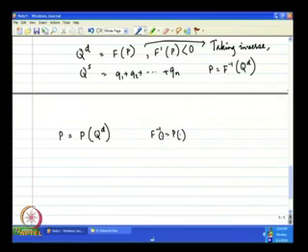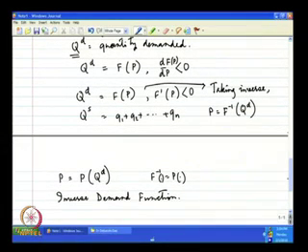So P can be written as a function of Q, and this is known as the inverse demand function. In the demand function, what we had is quantity demanded as a function of price. If P was rising, quantity demanded was falling, and vice versa. In the inverse demand function, it is just the opposite in the sense that we have taken the inverse. We are expressing P as the dependent variable on the quantity demanded, which is QD.